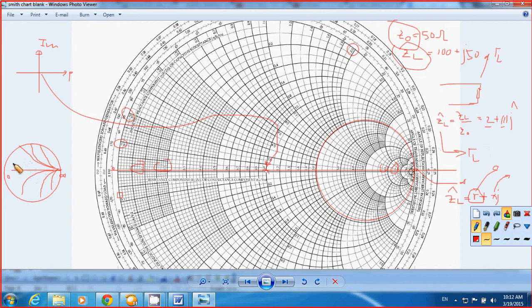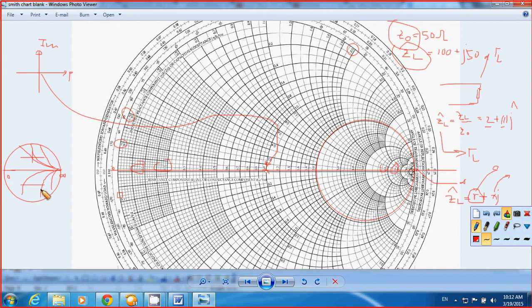So if you take a look at the upper part of the circle, this one represents positive X, where the imaginary part of the load impedance is positive, and the lower part here represents the negative numbers.